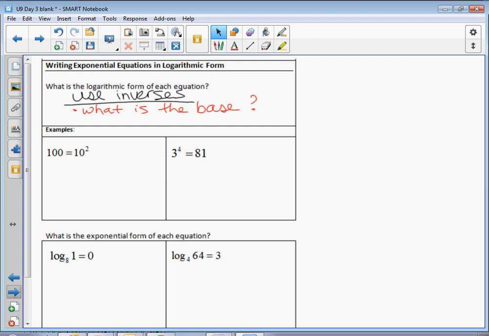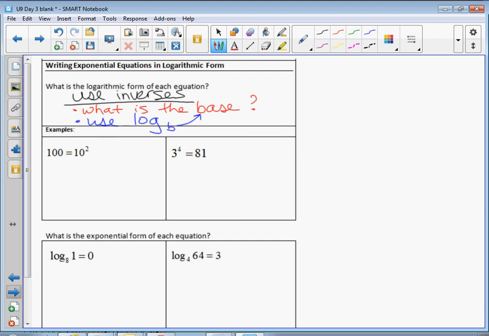And then we're going to use the log of that base that we found. And this base is what we found in our exponential. So we can cancel some things out and rewrite this expression in log form.